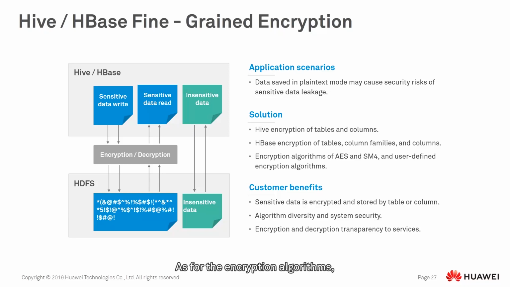As for the encryption algorithms, they support AES, SM4, and user-defined. So with this feature, the whole system is more secure with multiple algorithms and has less risk of sensitive data leakage. Okay, that's all for the first part of this chapter.